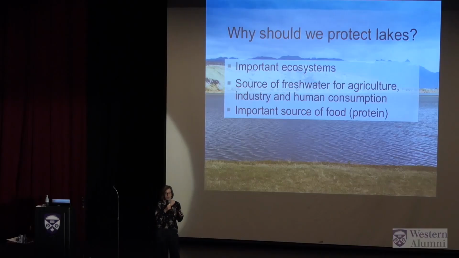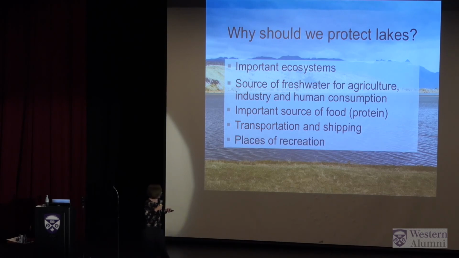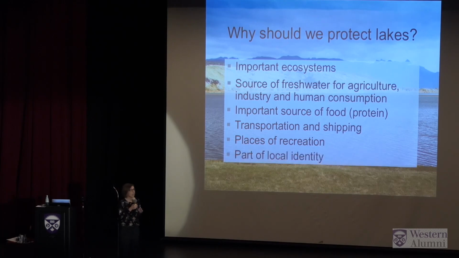They can be an important source of food in certain areas in the form of fish. They're used for transportation and shipping. And they're places of recreation. They're also just places of local identity. Thinking about Lake Erie and Lake Huron, for example, anyone who grew up around here might be used to going there to the beach, and it's a part of our identity that we can go there and go for a swim without worrying.